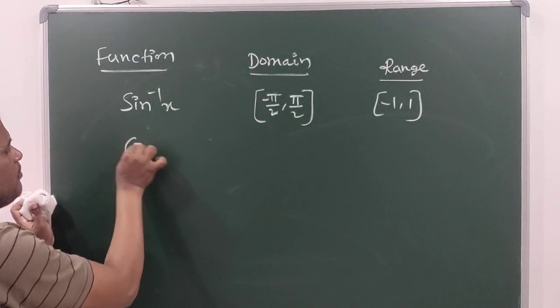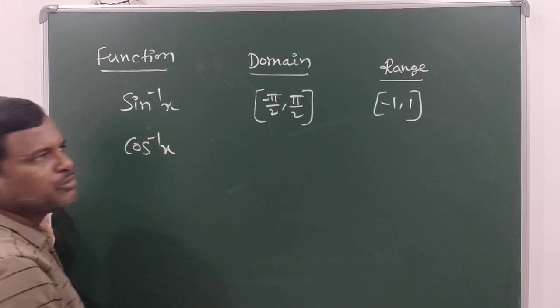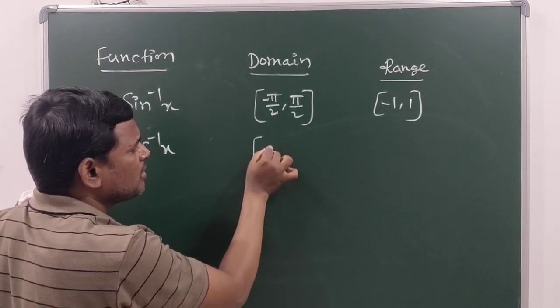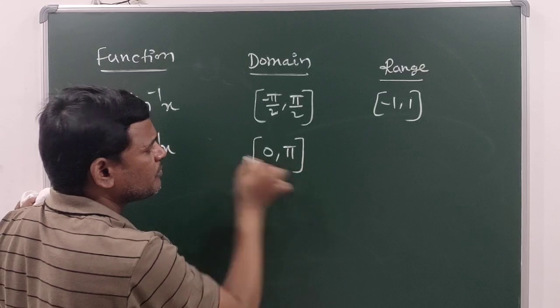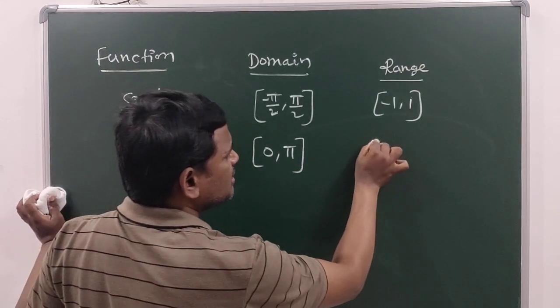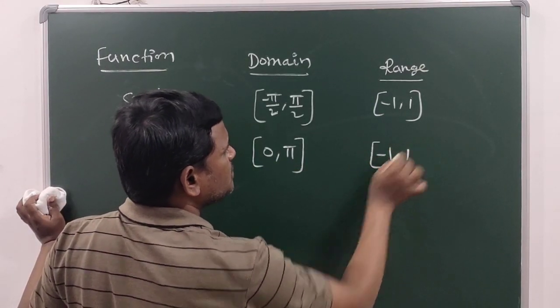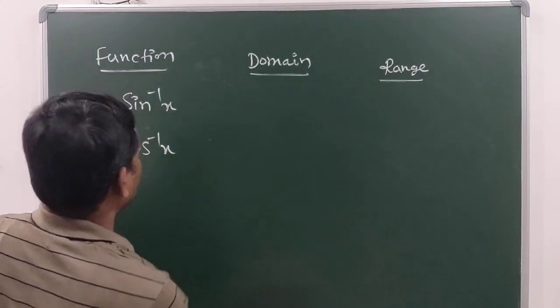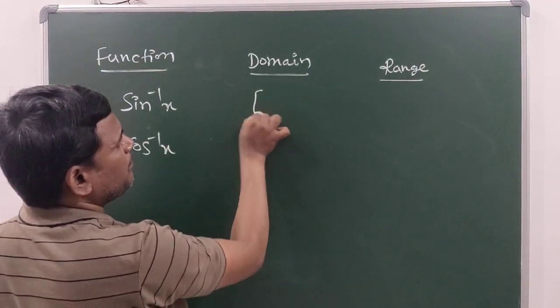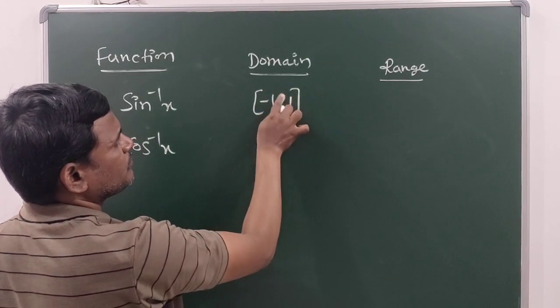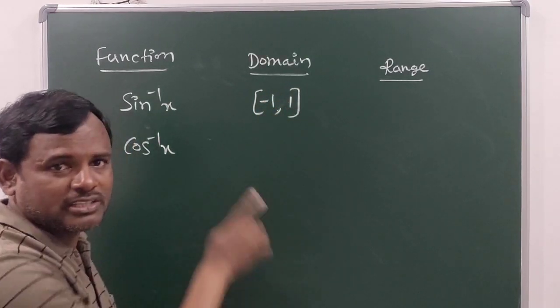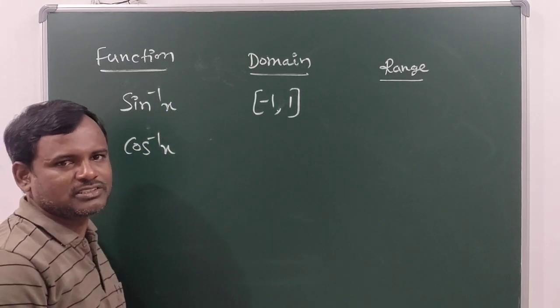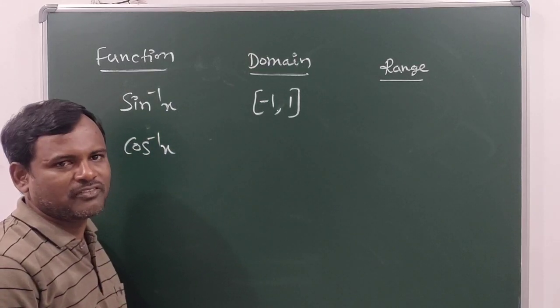Now let us go to cos inverse of x, whose principal domain is 0 to pi, whereas range is... Here, for sine inverse of x, domain will be minus 1 to 1. Okay? Because here we are writing inverse functions of basic trigonometric functions.